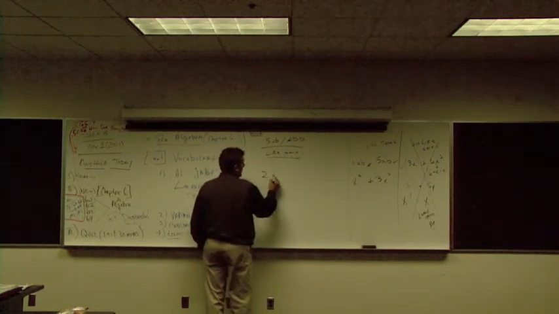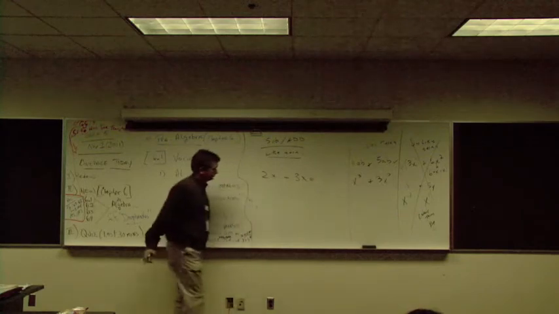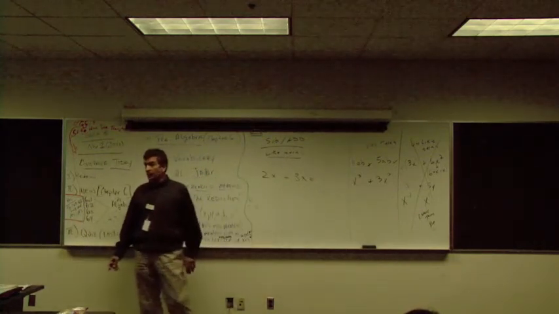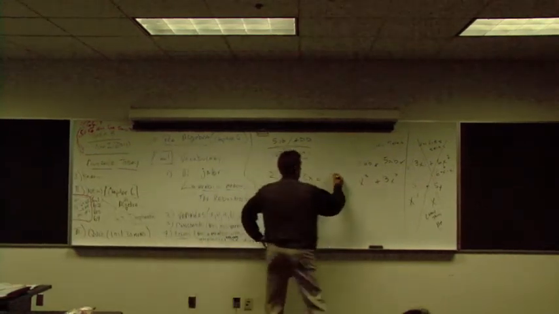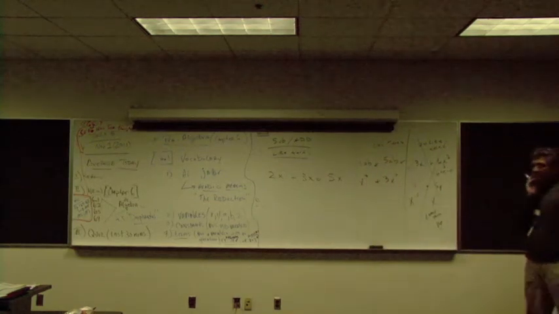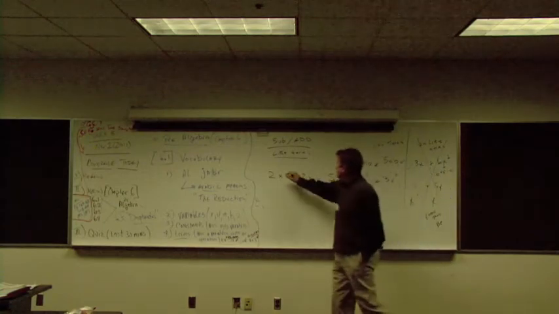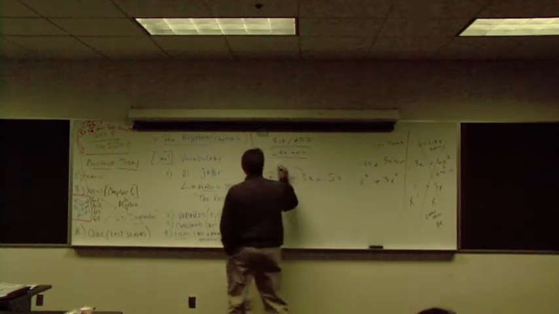So if I have 2x plus 3x, so these are both like terms, so I can add them to get 5x. Why not 5x squared? Well, that's what a lot of people want to do. They want to add the x's too. No, all you're doing is adding the coefficients. Oops, another word. Coefficients.